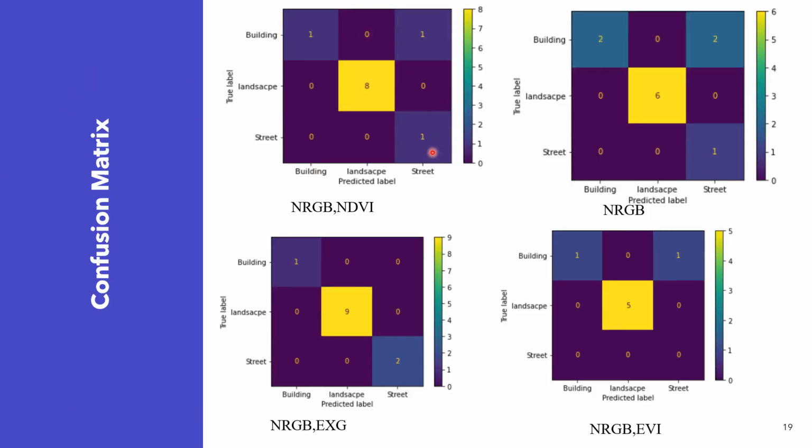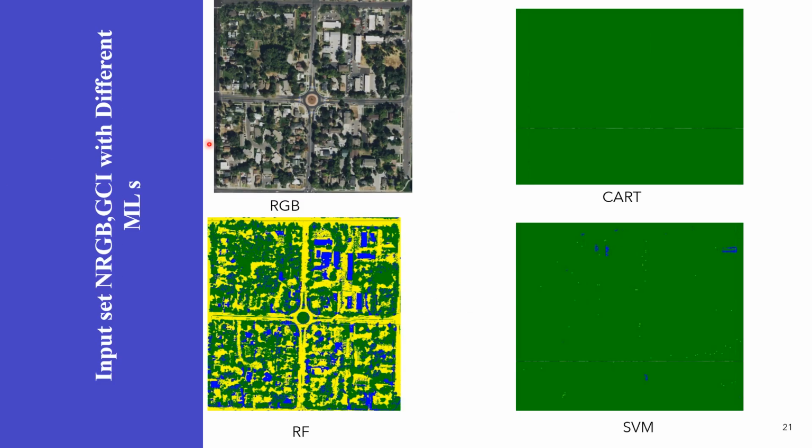And also here I show the confusion matrix for different input sets, while our machine learning here is random forest. Here I try to show how each of the machine learning methods works for the classification, while our input set has near infrared, RGB, and GCI. As you can see, random forest was the most accurate one.